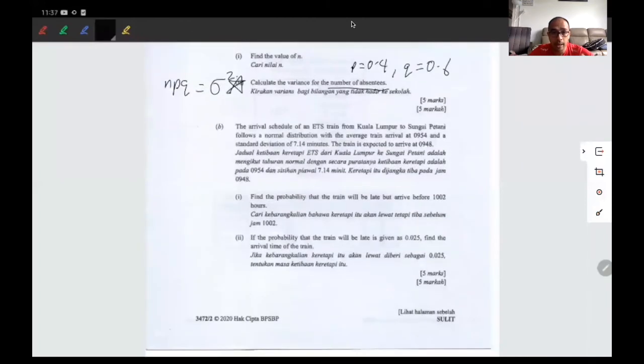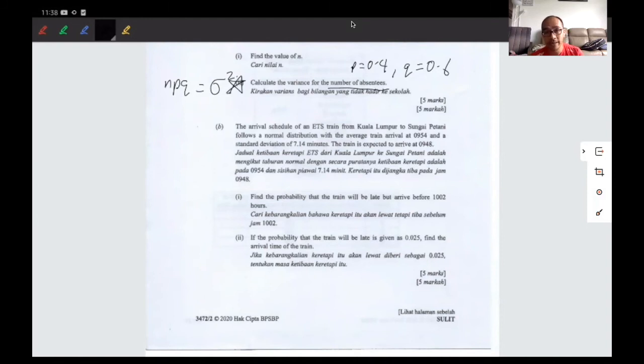When I saw this question, I was like, what kind of question is this? It's very ridiculous. The arrival schedule of an ETS train from Kuala Lumpur to Sungai Petani follows a normal distribution with an average train arrival of 0954 and a standard deviation of 7.14 minutes.